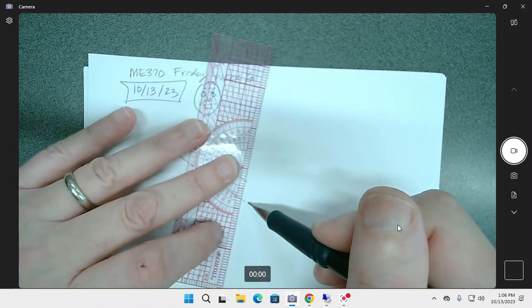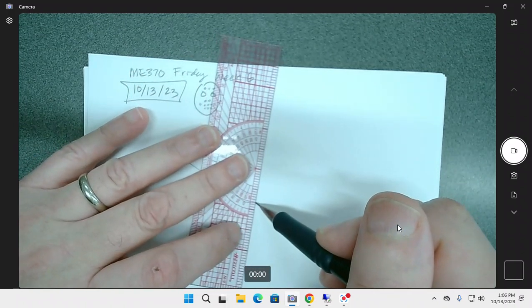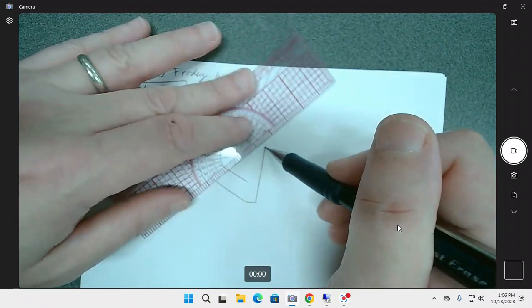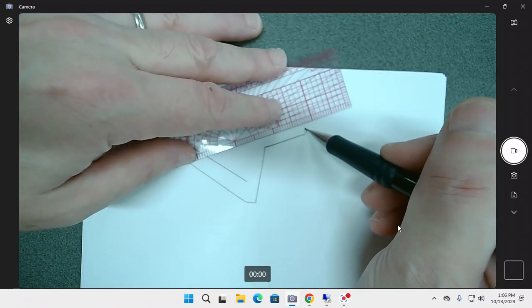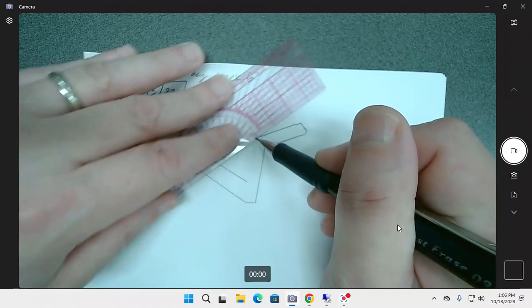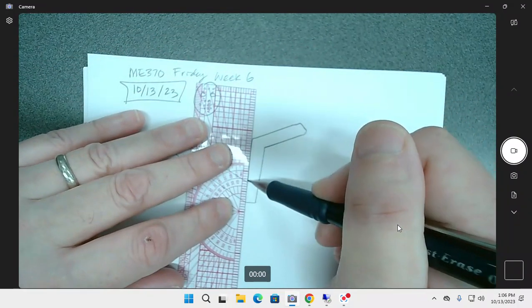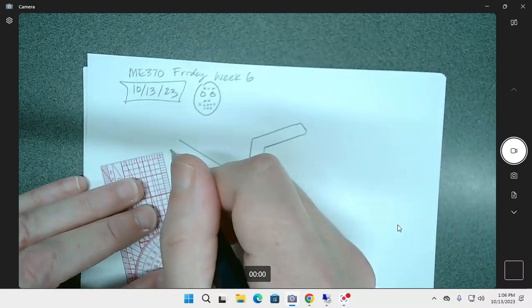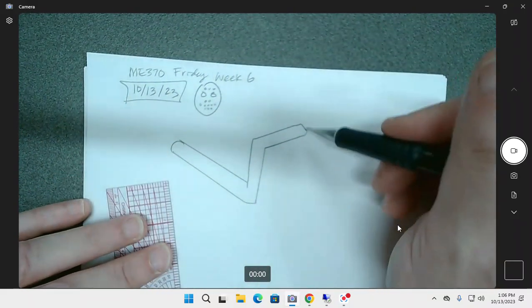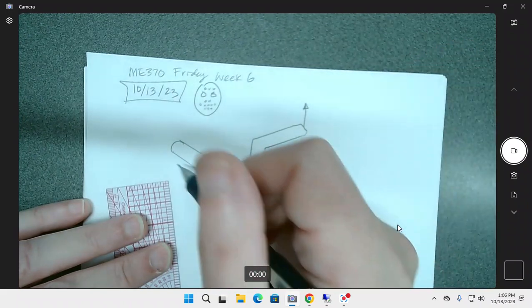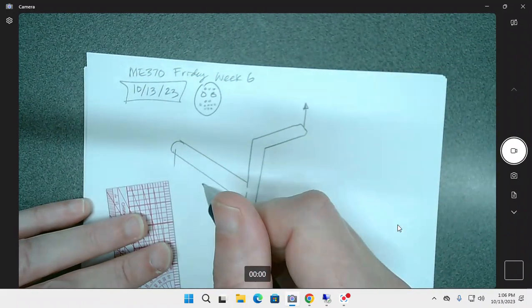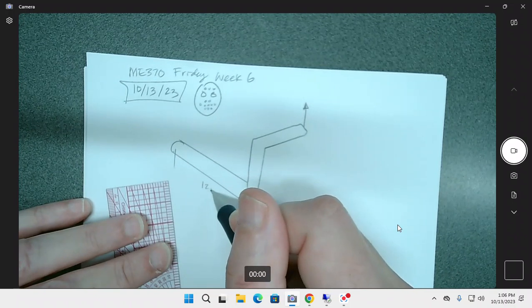Let's make the thing come up and over and connected, and let's make the force come up here, in that direction. And let's make this 12 inches.